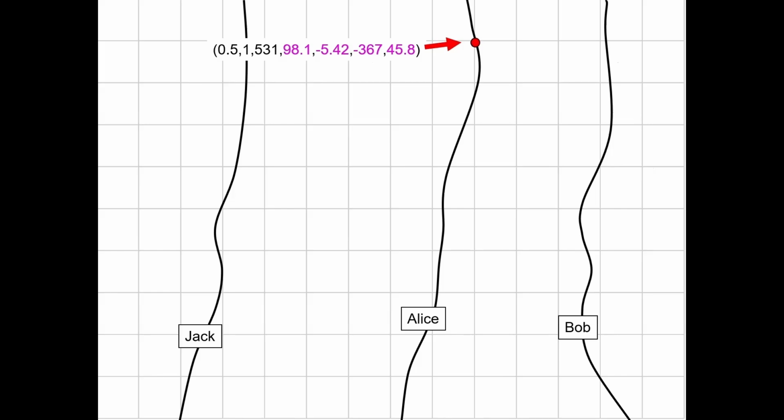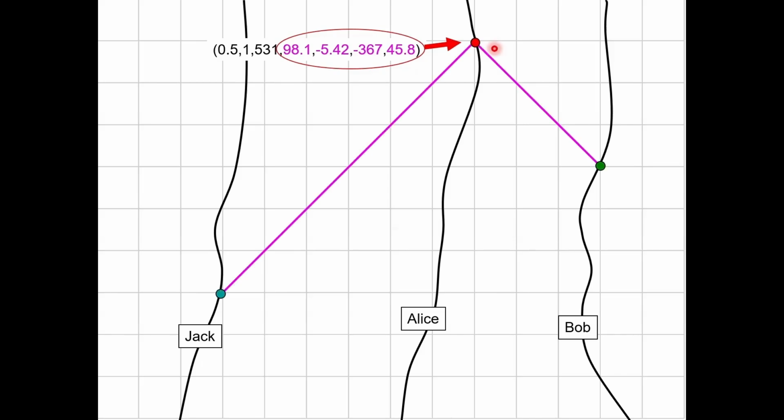Going back to our unchanging reality description, let's try to focus on what information we have in the field numbers of a point. So the field value numbers of this point on Alice are affected by a few things.